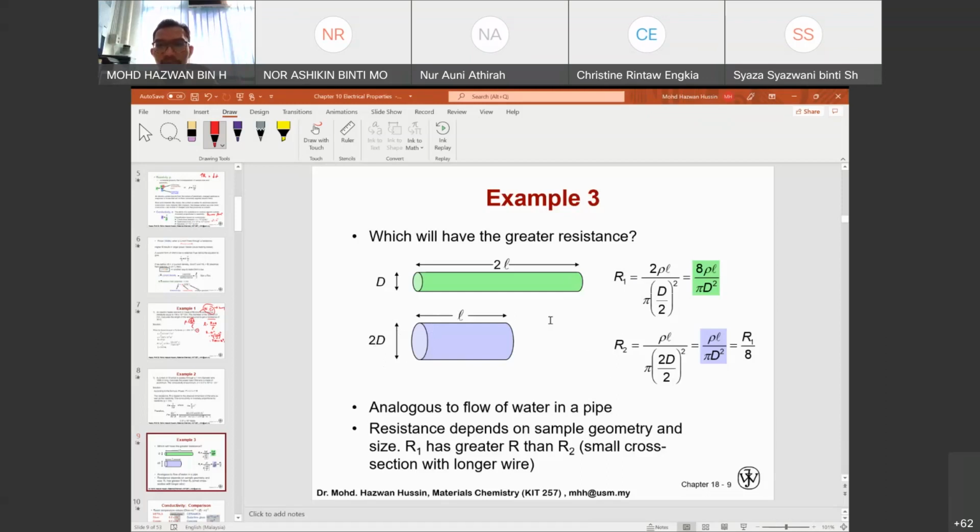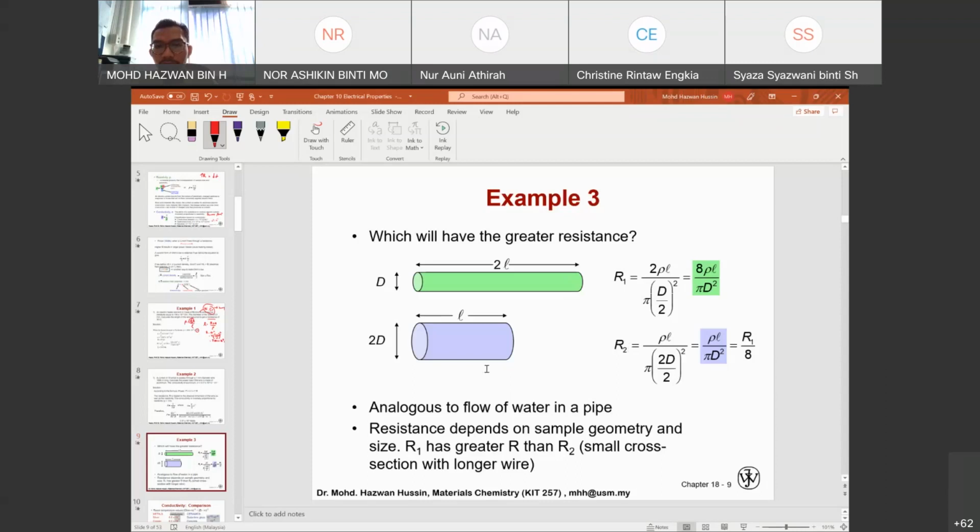So obviously, if you calculate the resistance, taking care of the formulas given to calculate resistance, then in the end of the day, you will get that the resistance of rod 1 is around 8 times.